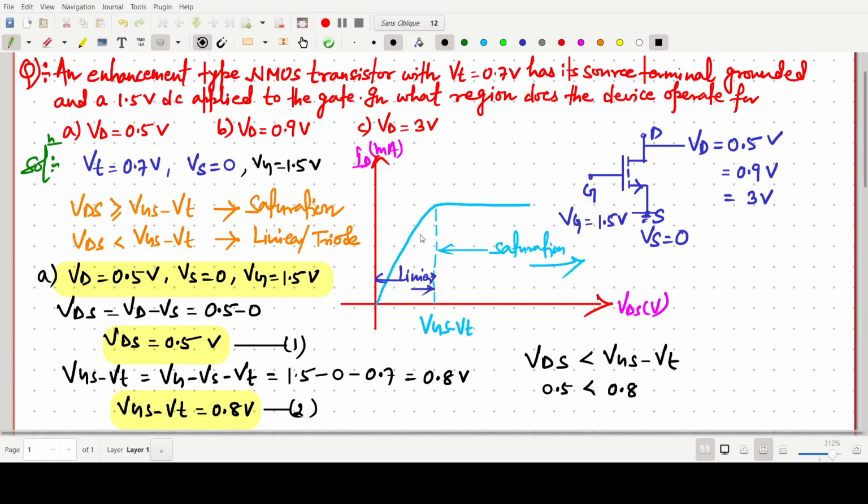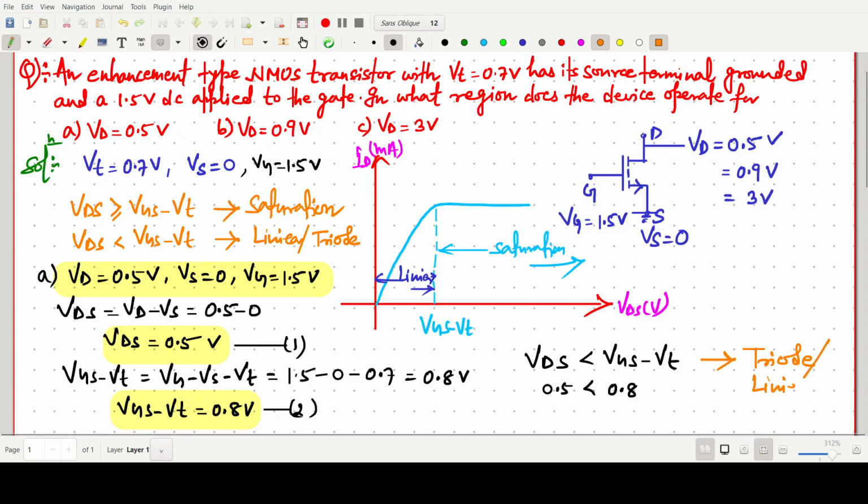So this is the condition, and this one is basically in the triode region, or sometimes called the linear region.